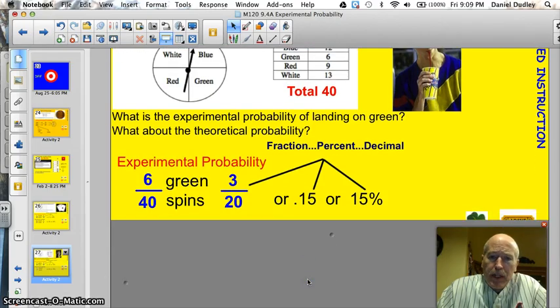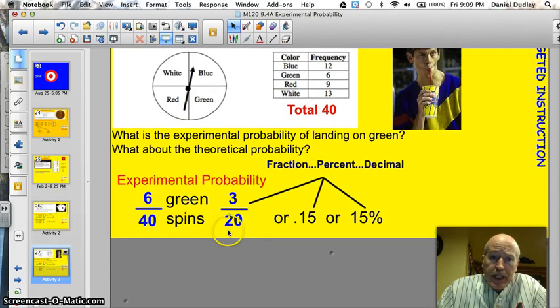Well, experimentally, he did it 40 times, and he had 6 greens right here. If I reduce that down, that is 3/20 was the experimental probability, or 0.15 as a decimal, or 15%. All right, what should have happened?